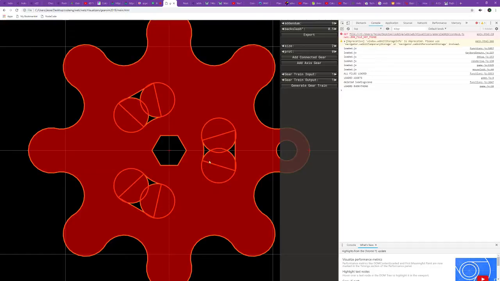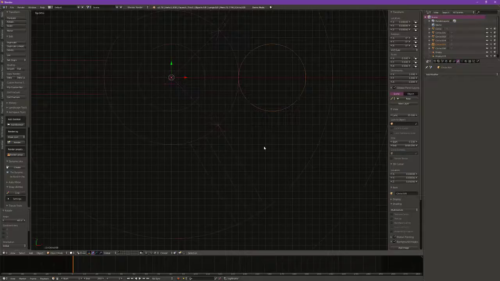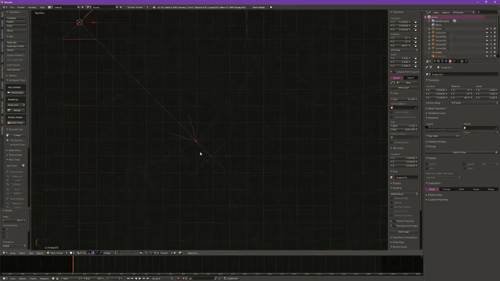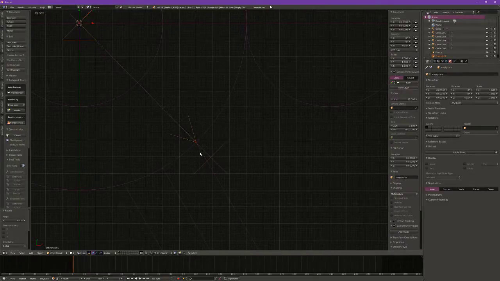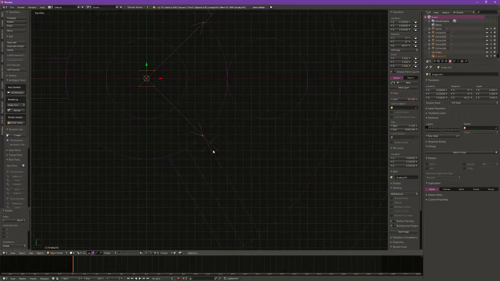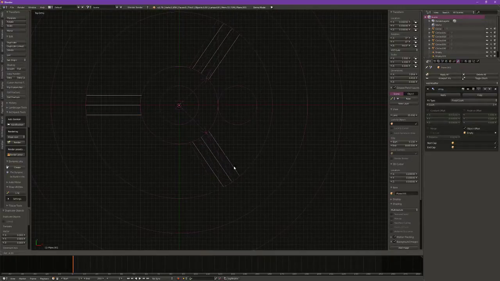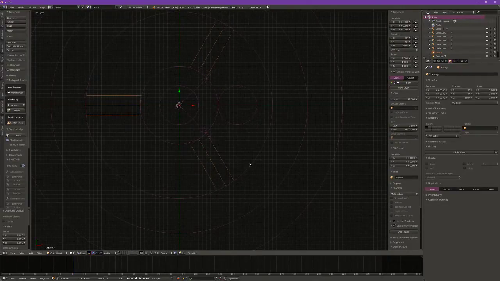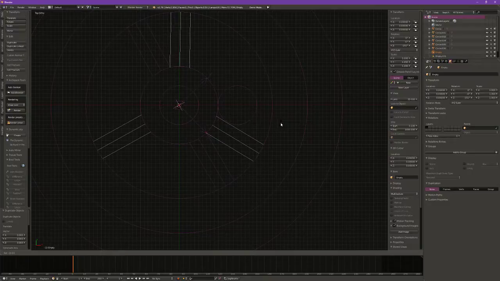So how do we get that curve? Next thing. I guess if those are all the same rotations, I should just be able to offset one of them.